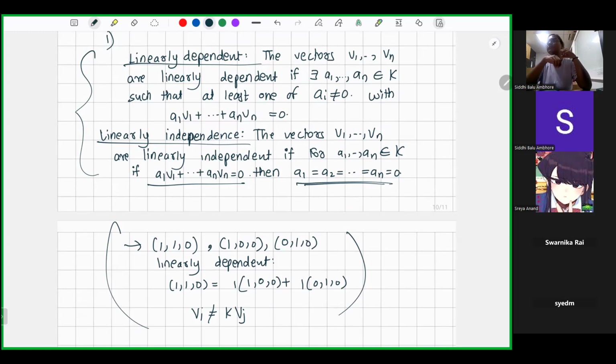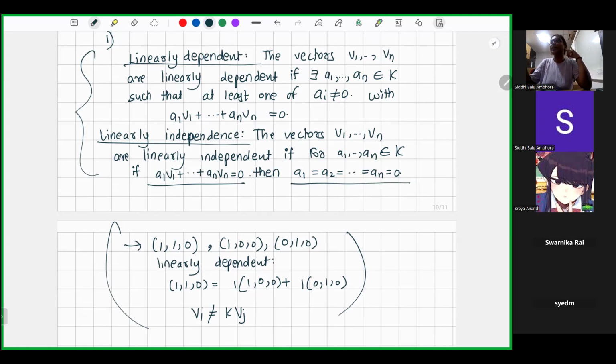So in the same equation, one of the ai should not be equal to 0. Exactly, that's the negation of the statement that a1 to an all are 0, because for independence I need all of them to be 0. When I write the negation, that something is not linearly independent, it means at least one of them should be non-zero.